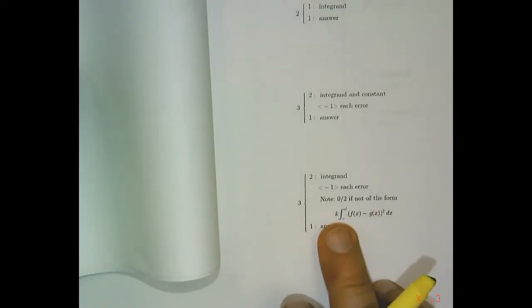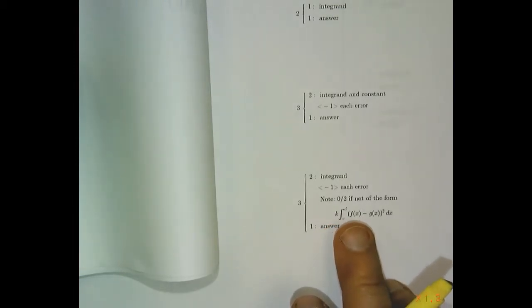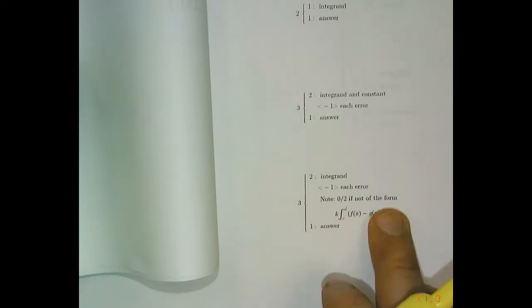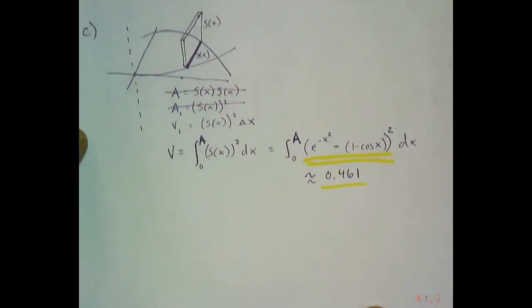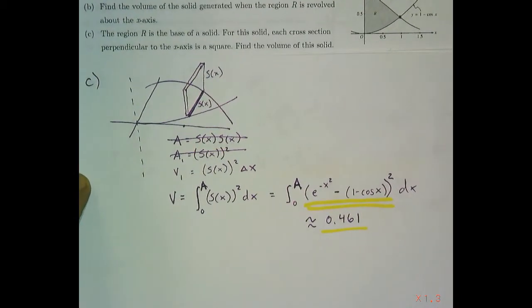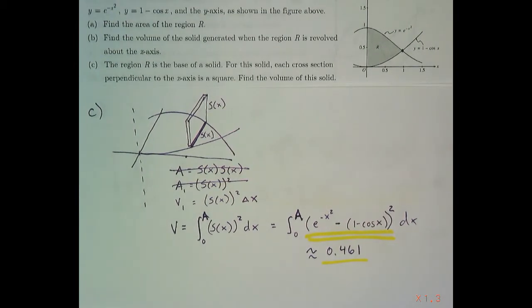Because if you paid attention to cross sections, all of our cross sections wind up being of this form, top function minus bottom function squared times some constant. And that constant depends on whether we do square cross-sections, semicircle cross-sections, triangular cross-sections, etc. So that's the total of 15 points.